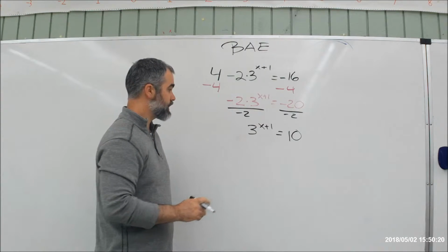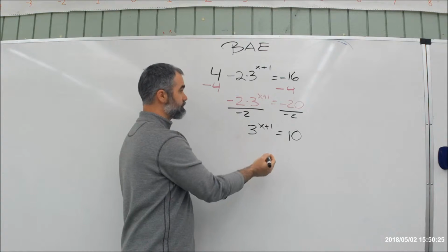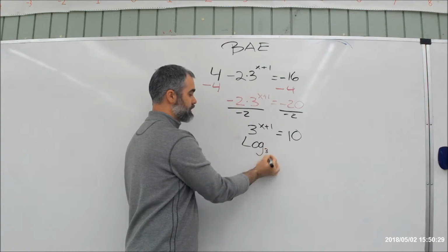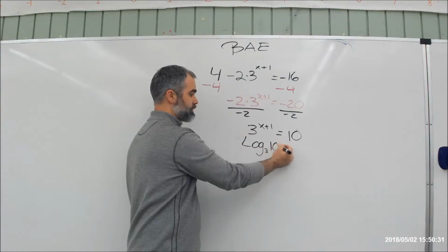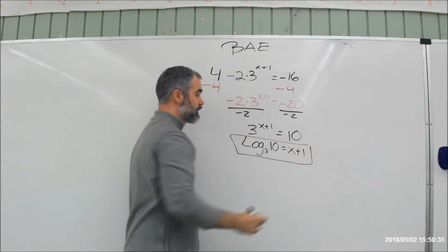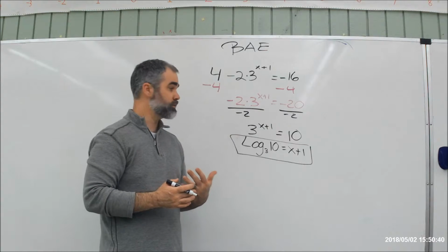So make sure you look for that. Once we rewrite this, the base is 3. So we're going to rewrite that as a log base 3. The answer is a 10, and the exponent is x plus 1. Now again, this looks complicated, but it's actually very simple if you've got a calculator.